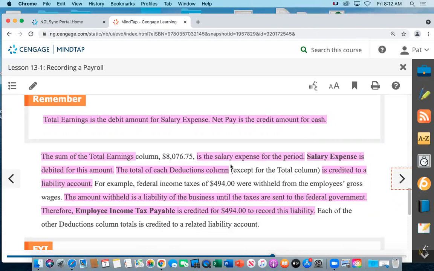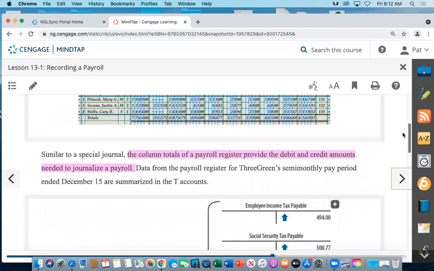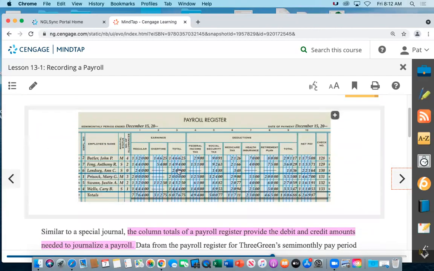What I'm highlighting here is just what salary expense is and what employee income tax payable is. The sum of the total earnings column is the salary expense. When we used to have textbooks, I would tell them to write salary expense above this column, and then they had it.